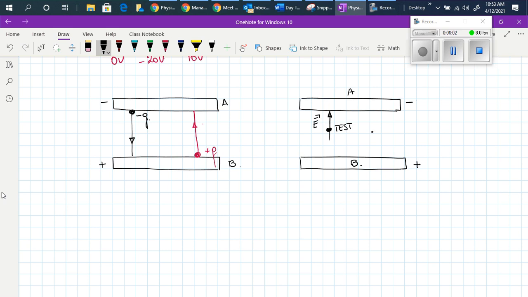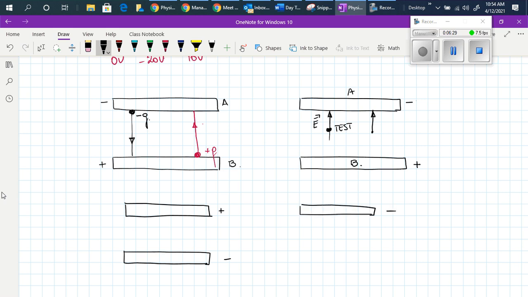And now again, we place the charge somewhere in here. And again, the test charge will go toward plate A. So therefore, we can say that when we have two parallel plates, positive, negative, or negative, positive, the electric field strength direction is toward the negative.